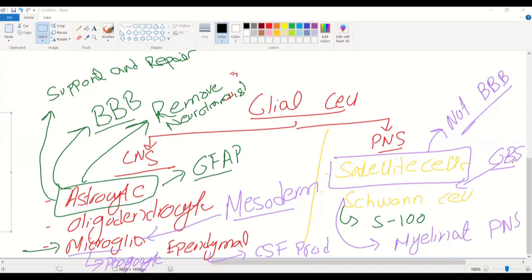Can anybody tell me, GBS is associated with which microorganism? High yield.